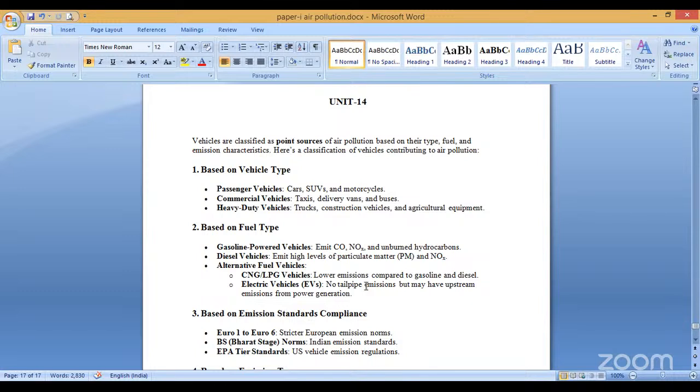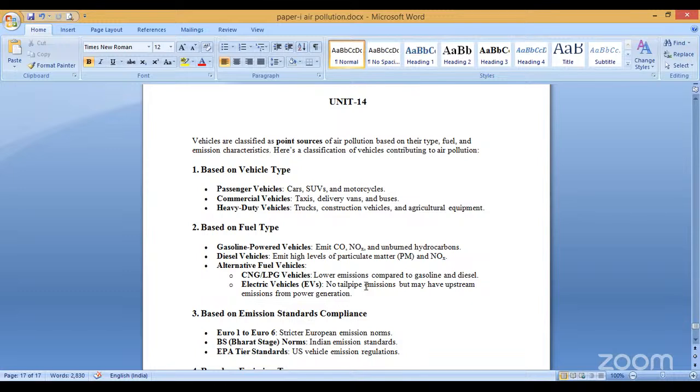Classification of vehicles contributing to air pollution by vehicle type: passenger vehicles, cars, SUVs and motorcycles; commercial vehicles, taxis, delivery vans and buses; and heavy duty vehicles, trucks, construction vehicles and agricultural equipment.